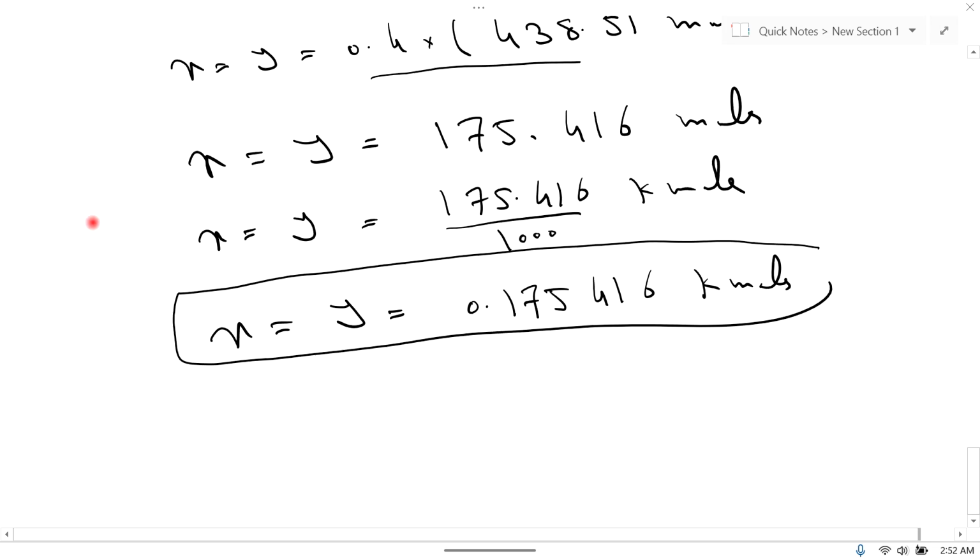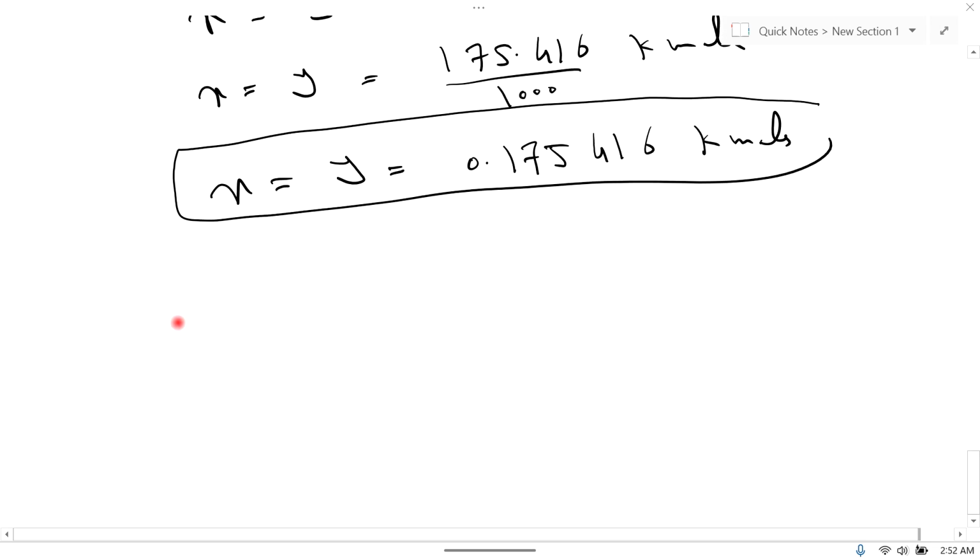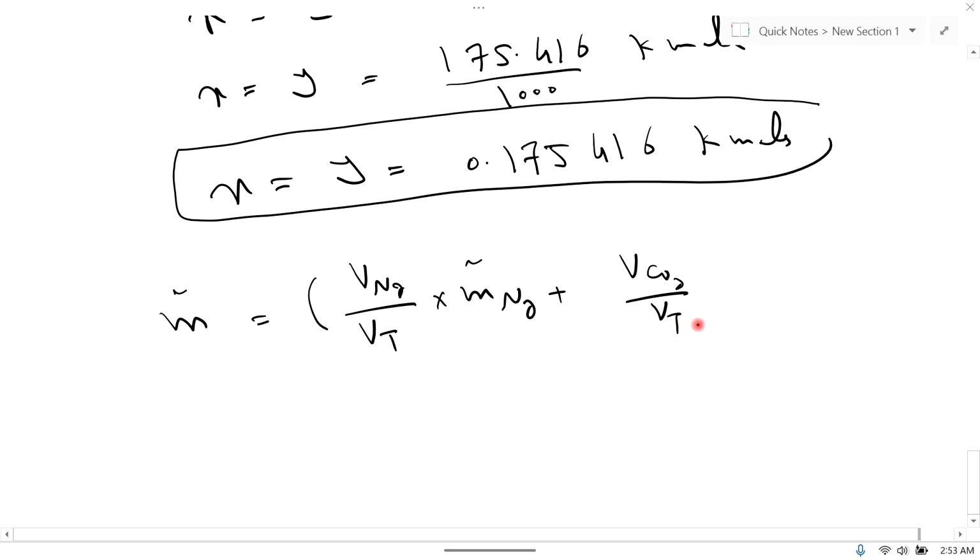Now we are finding the molar mass. The molar mass is equal to the volume fraction of nitrogen, which we can write as V N2 divided by total volume, multiplied by the molar mass of nitrogen, plus the volume fraction of carbon dioxide multiplied by the molar mass of carbon dioxide.